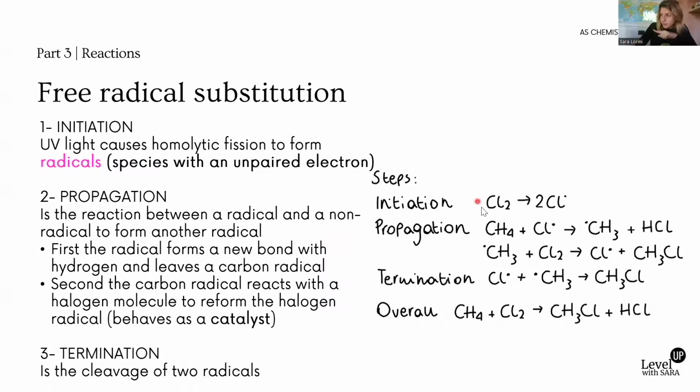The radical, but I'd rather you observe it in the diagram. The radical takes the hydrogen and it leaves behind a carbon radical. Second step, the carbon radical reacts with an initial chlorine molecule or an initial molecule to reform the radical and to form the desired product.